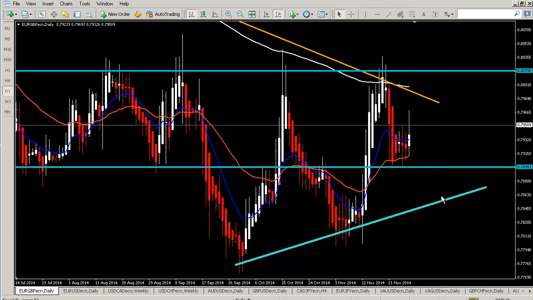So for new setups, we want the price to reach this area or this area. Now the combination of both horizontal and trend line, or we want to see, of course, a break and setups over there, or we want to see the price coming back to support. And if the price doesn't do that in between, we are not interested, and that goes for all the trades on all pairs, right?